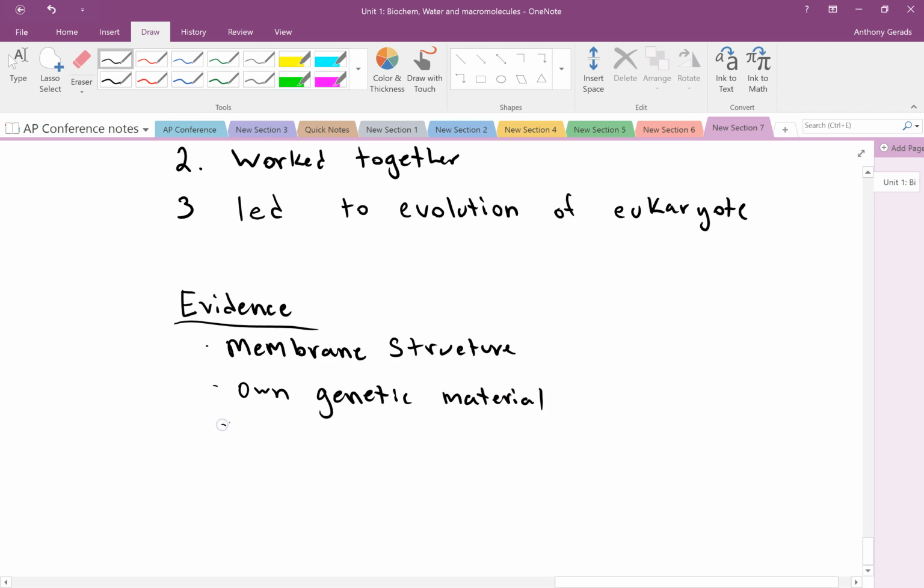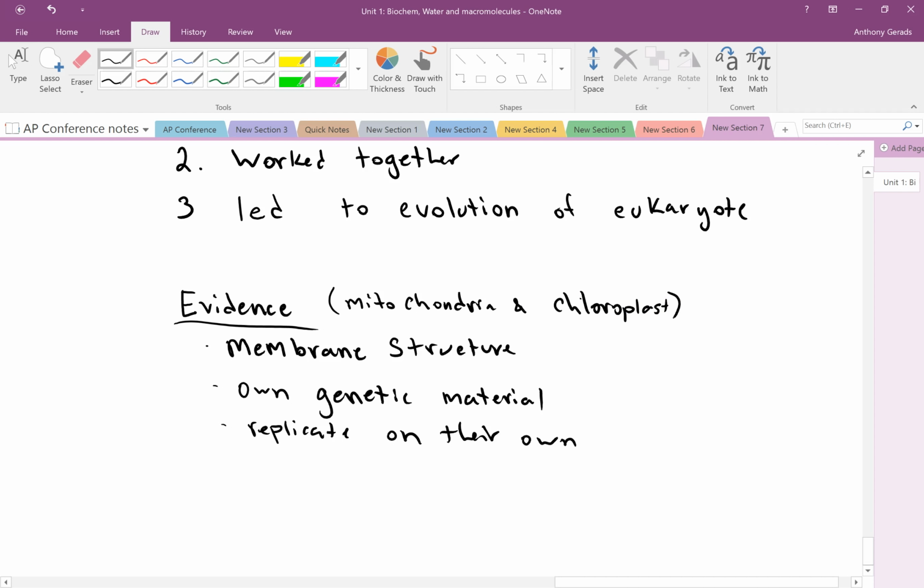And evidence can be replicate on their own. You know the two biggest organelles that we collect all this evidence from for the endosymbiotic theory? So evidence for the mitochondria and chloroplast.